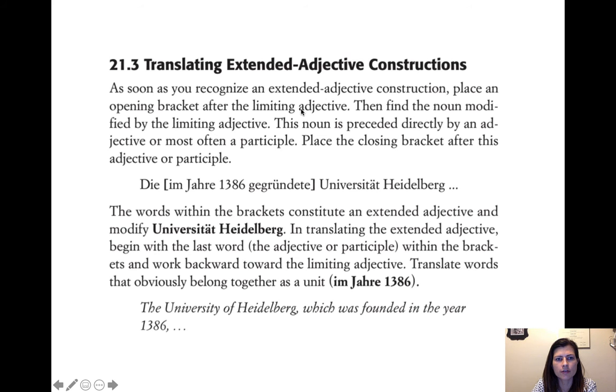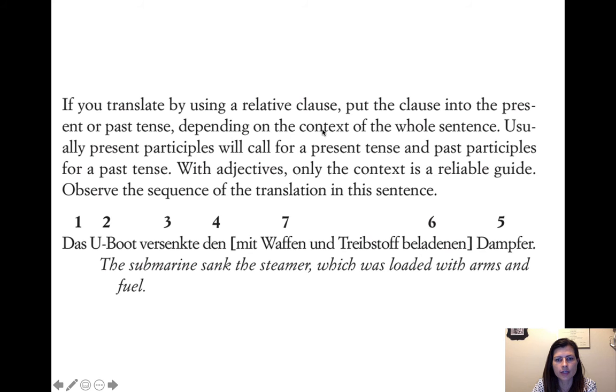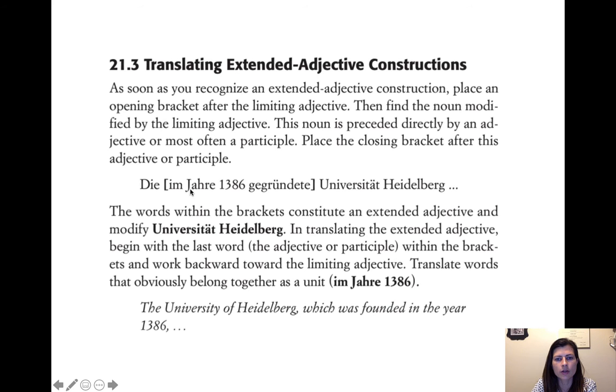And so then find the noun modified. So this is, when I had those translations before with all the hyphens between the words, is to show you that it's one unit, right? And so one way to think about this as well is to put brackets around the extended adjective construction so that you can then see that it's die Universität.